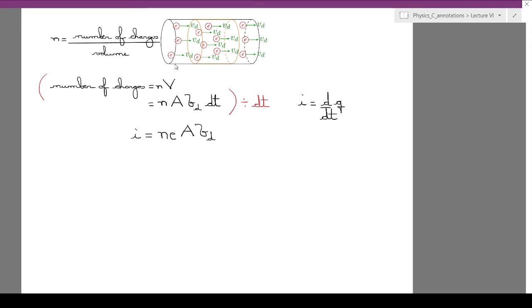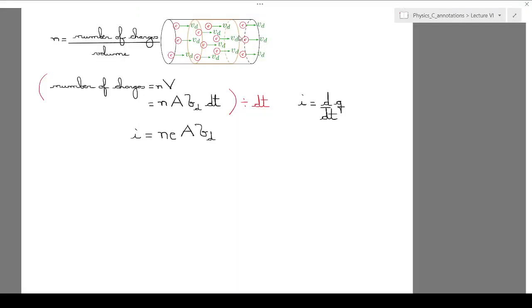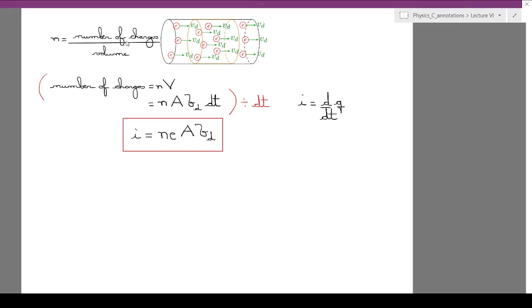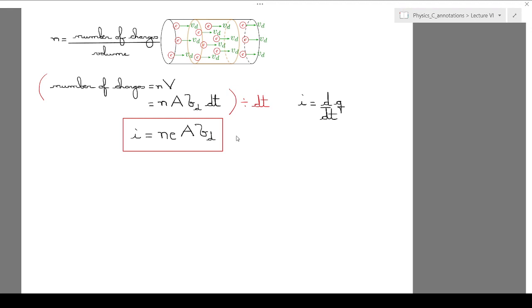And this is what interested us, right? This is the important result here. We can use this to solve problems. And E, don't forget, E is the elementary charge of the electron that we mentioned in the first class.